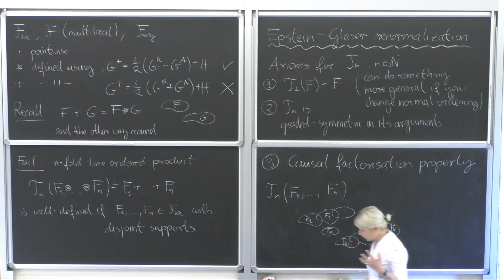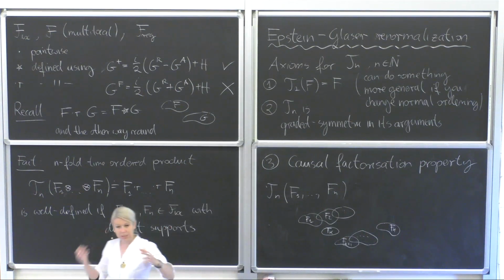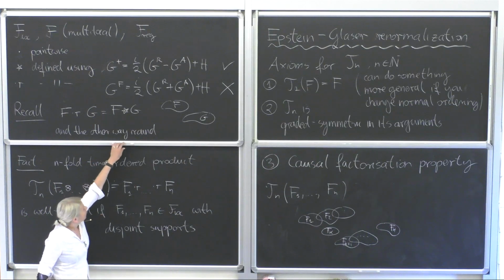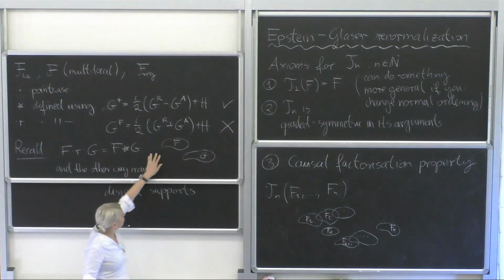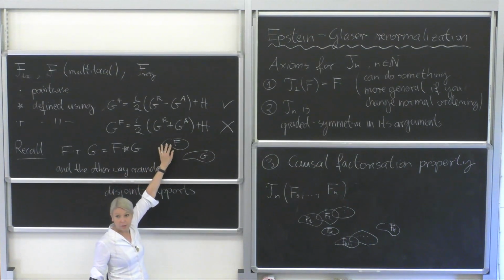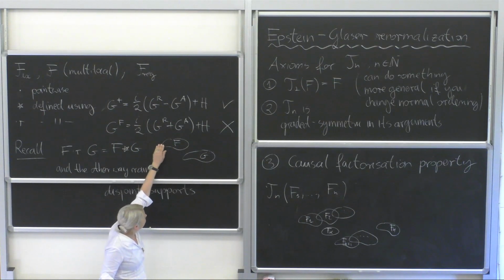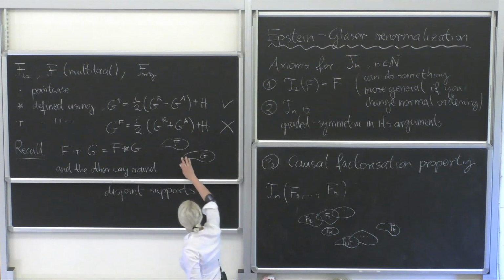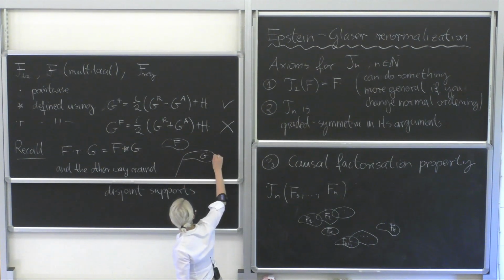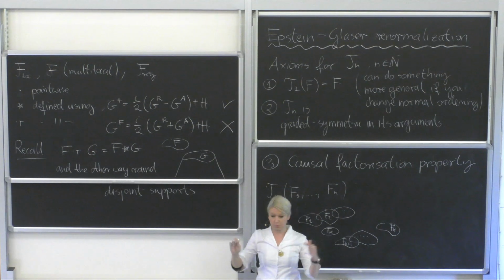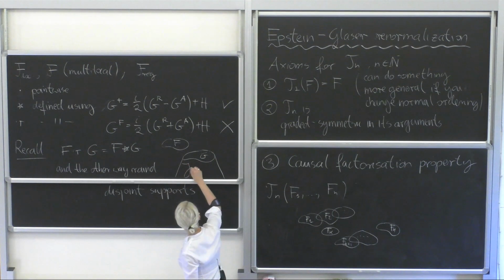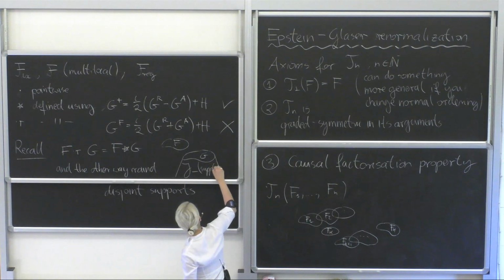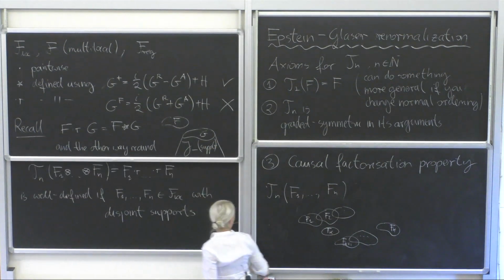And so the precise way of stating this, okay, so here I said slightly informally that f is not earlier than g. What does it actually mean precisely? It means that f does not intersect the past of g. So this is J minus of support g. And here the same.